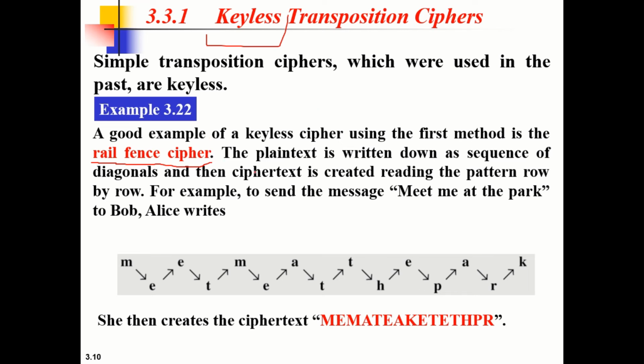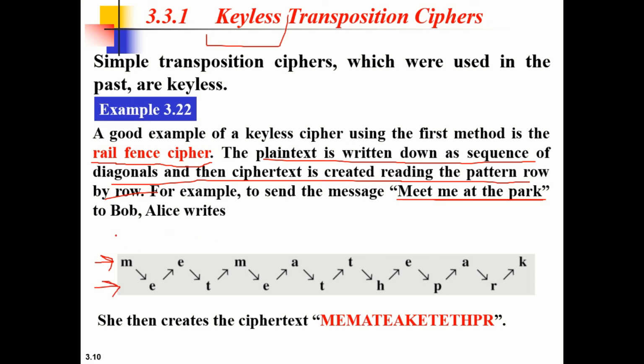So how does it work? We write the plain text as a sequence of diagonals, and then the cipher text is created by reading the pattern row by row. Now what does it mean? We'll have a plain text and we'll write that plain text in the form of diagonals. How do we do that? See, this is the plain text I have: meet me at the park. So I'll write all characters of the plain text diagonally. How many diagonals you go, that will be the depth.